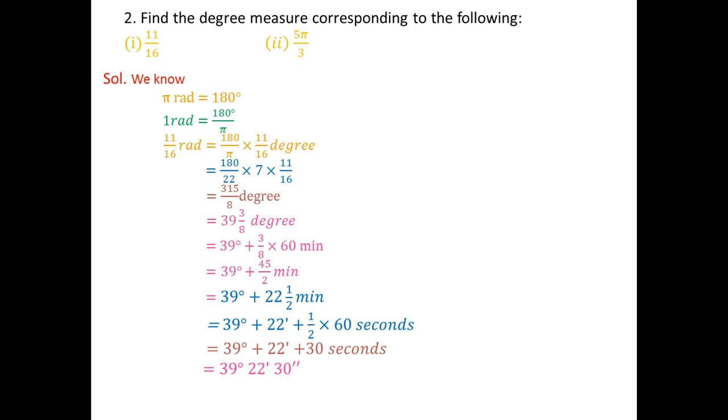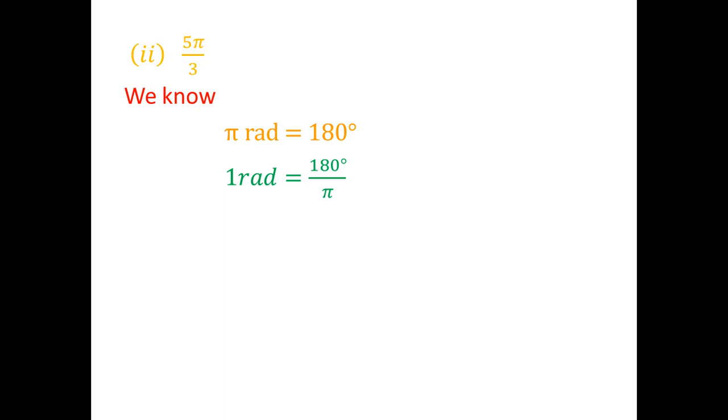Everything is clear? Okay, move on to next question. 5 pi by 3. We have to convert it into degrees. We know pi radian equal to 180 degree, 1 radian equal to 180 by pi, same. So 5 pi by 3 radian is equal to 180 by pi into 5 pi by 3.